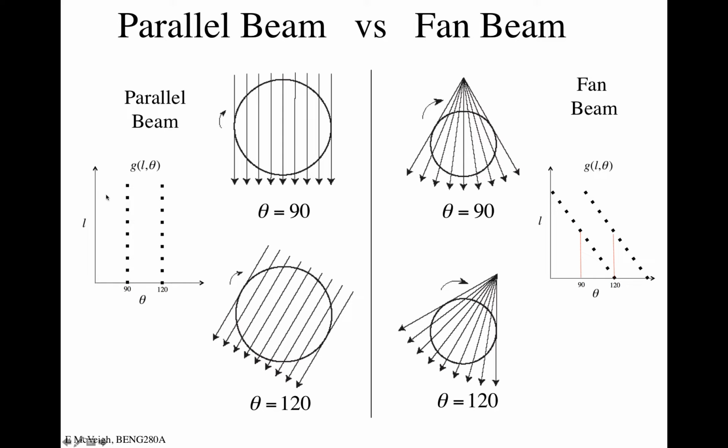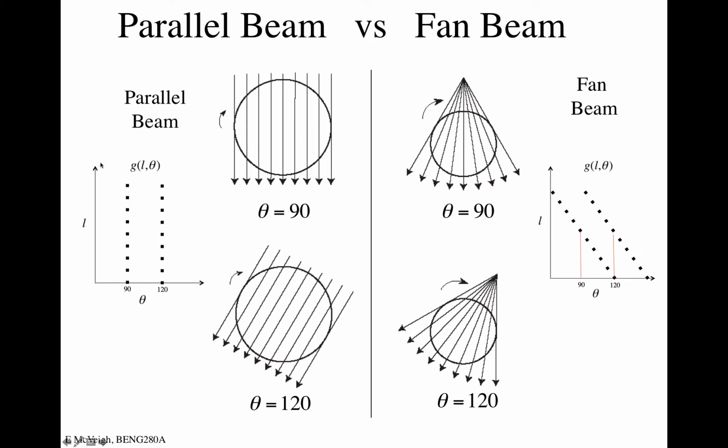So let's look at first of all, in a parallel beam, how we would plot these values. If I have a specific theta, let's call this 90 degrees this way. This orientation of beams is 90 degrees. And I plot along L here, my data along here. So I get these values.